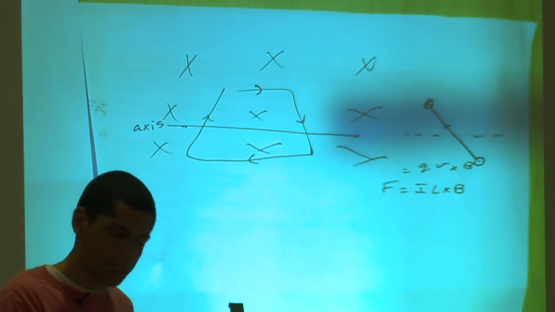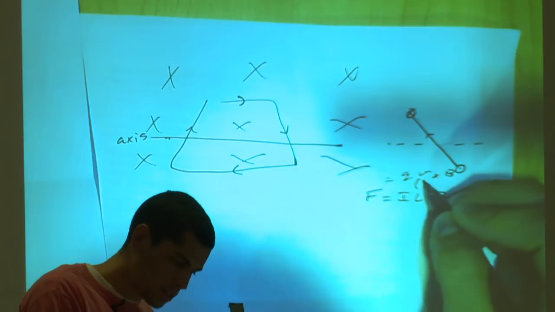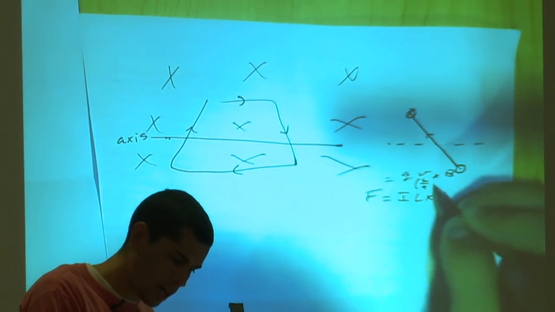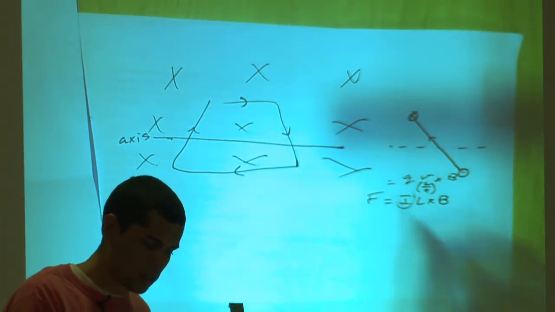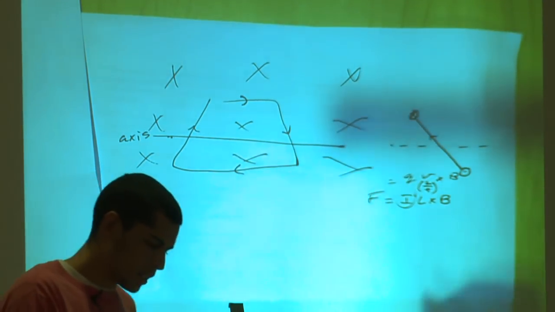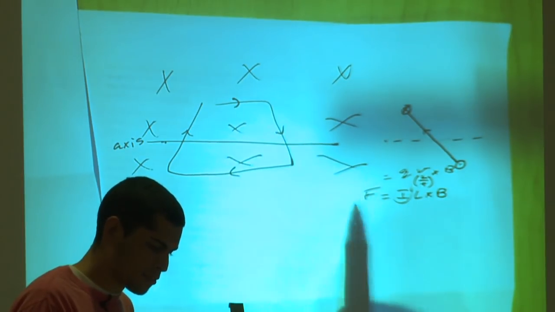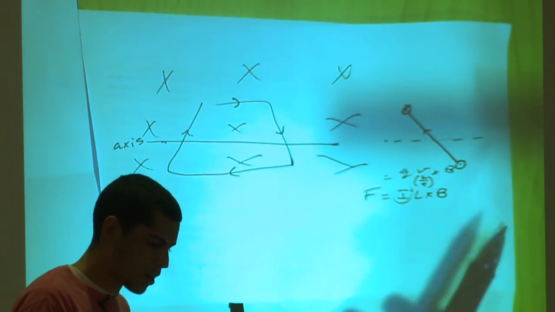Does everyone see that derivation between these two steps? Length over time, and then Q over T is our current. We just move the T over. So we have force equals IL cross B.